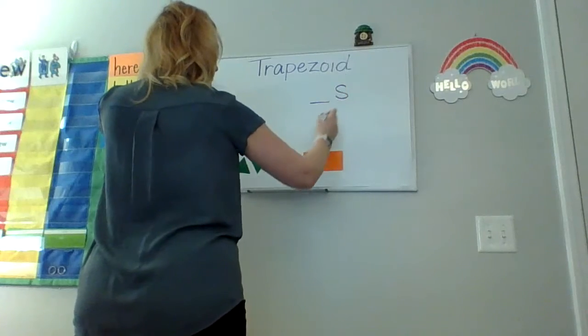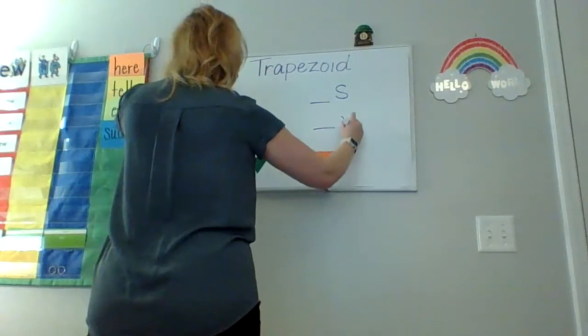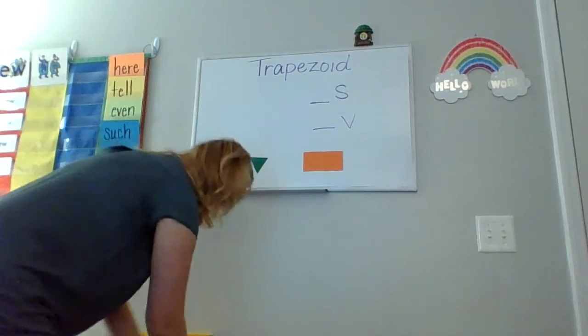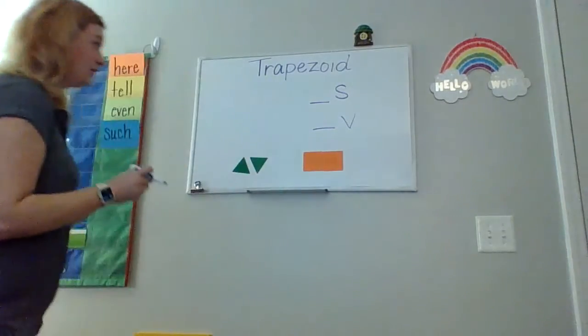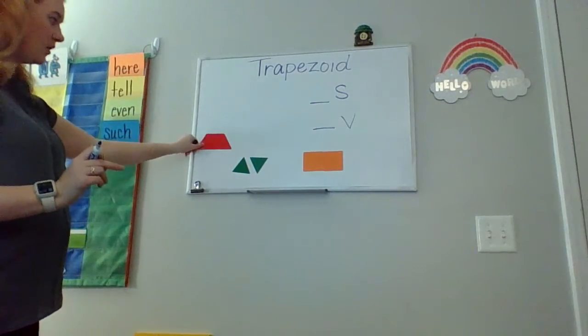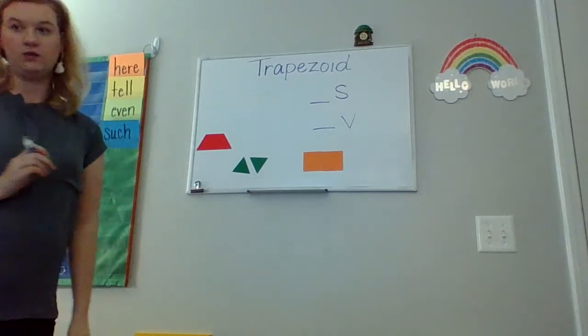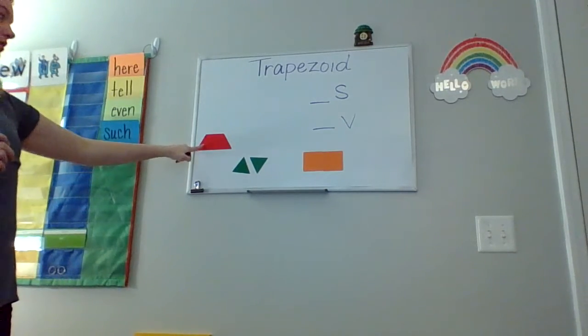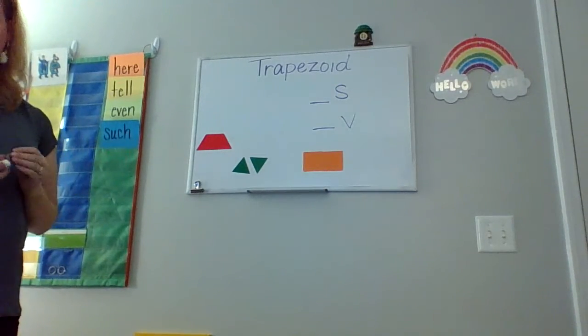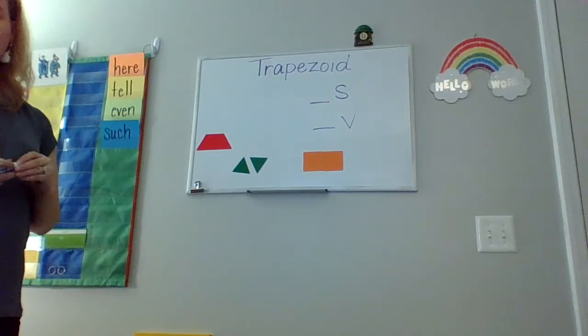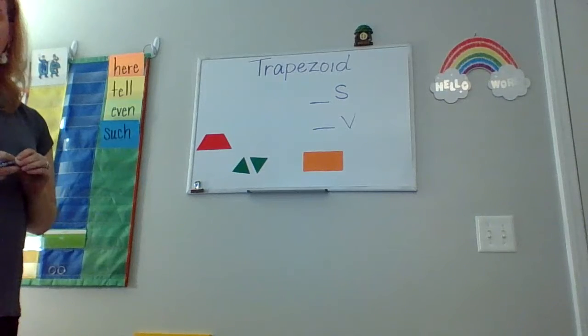Okay. And I can help you with this one if we forget what a trapezoid looks like. So this is my magnetic one of a trapezoid. That's a trapezoid, the red. So try and draw a trapezoid.